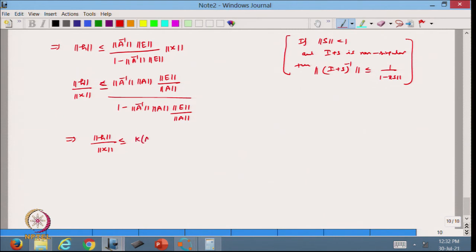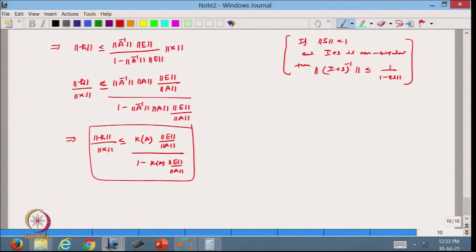So, I can define the condition number of the matrix, and this is, if you see, the relative change in A, 1 minus K A, and this is again the relative change in A. So, in this case also, if the relative change in A is small, but the condition number is very large, then this quantity is going to be very large, and 1 minus this is going to be very small. So, then the whole quantity will become very large.